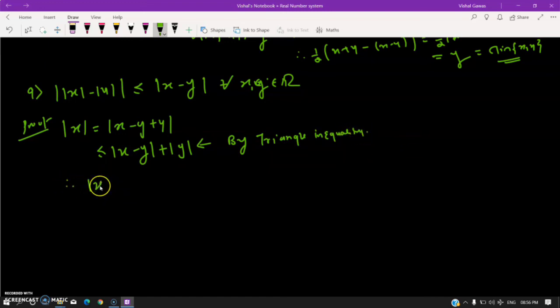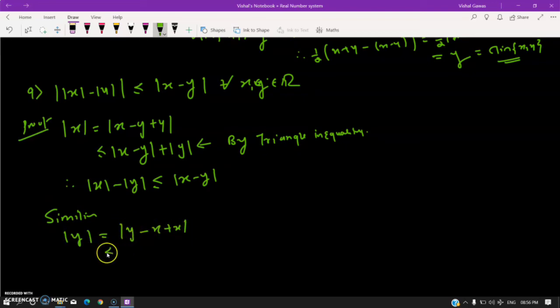Therefore, what I get is the absolute of x minus the absolute of y, if I transfer that side, less than or equal to the absolute of x minus y. Similarly, the absolute of y would be nothing but y minus x plus x. This would be less than or equal to the absolute of y minus x plus the absolute of x, which is the absolute of minus of x minus y, because y minus x is nothing but minus of x minus y, and this would be plus.